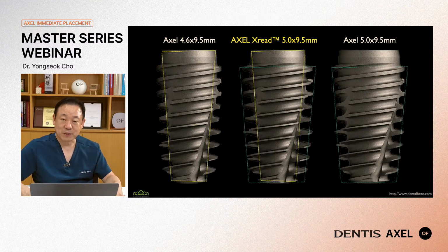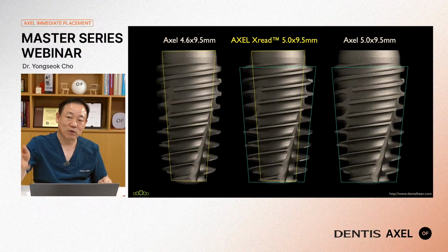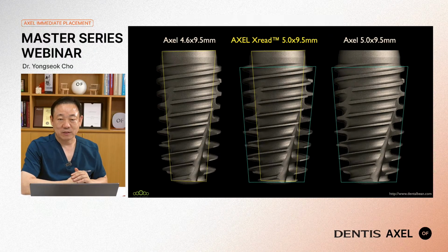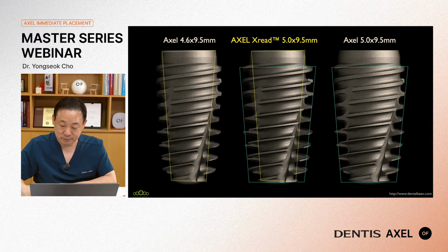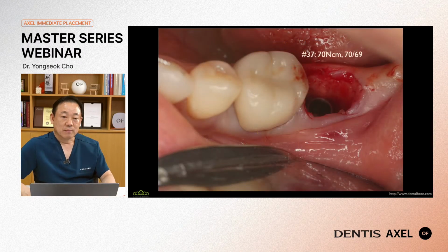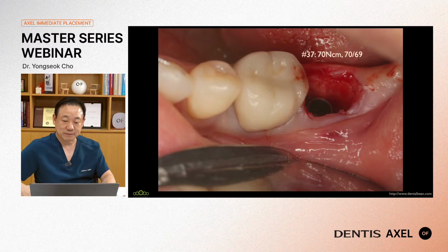However, the pin is wider. So it is the same as the regular XL, 5 millimeter. Here I select the middle one. By changing to the XL X thread, I can get strong primary stability, 70 Newton centimeter, and the ISQ value was 69.